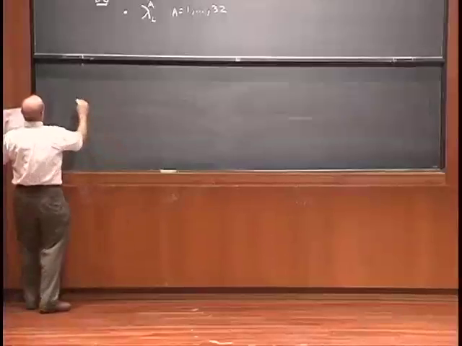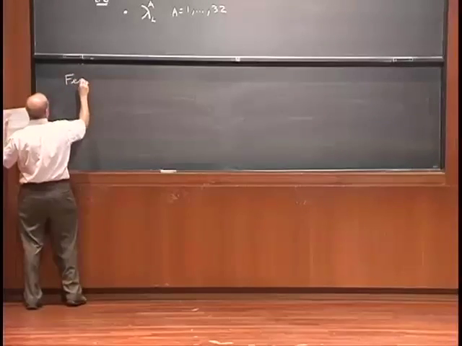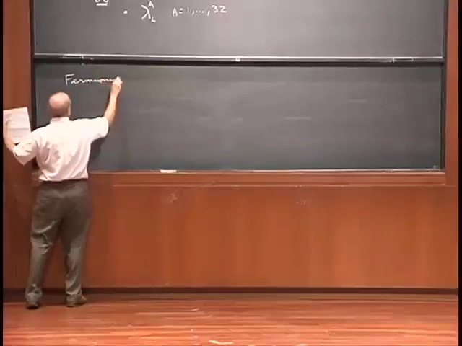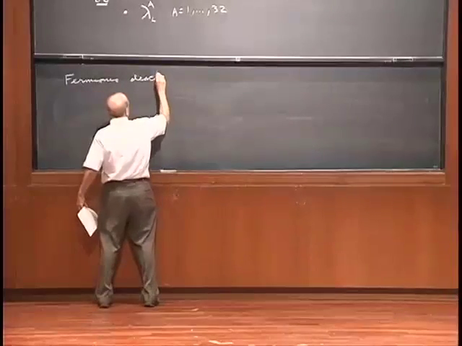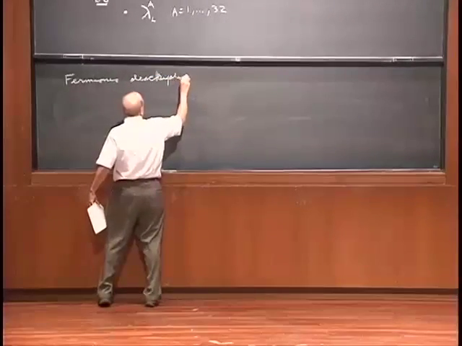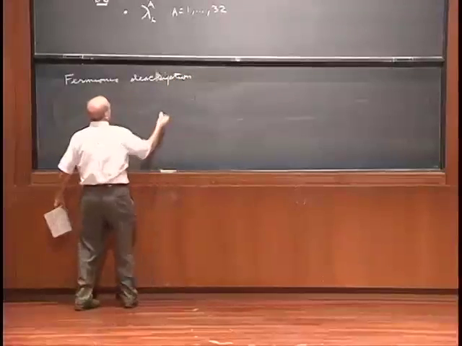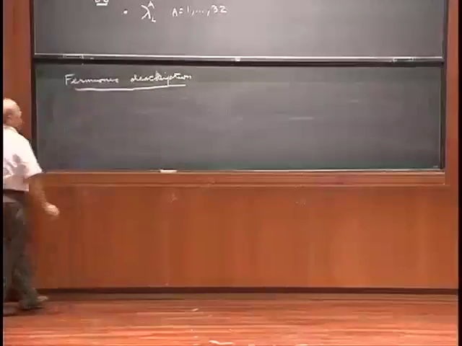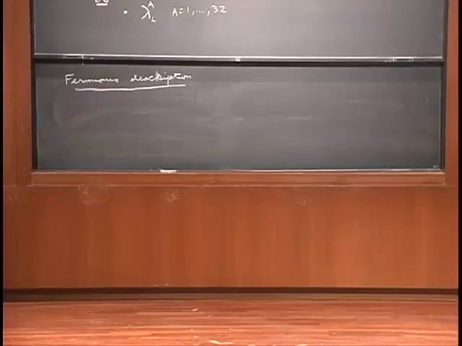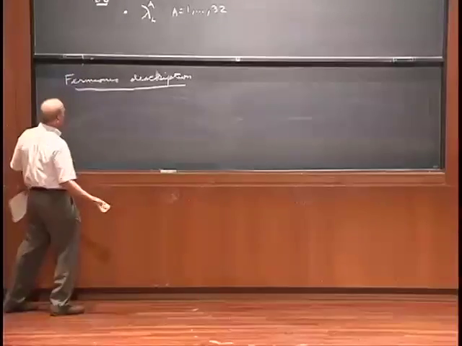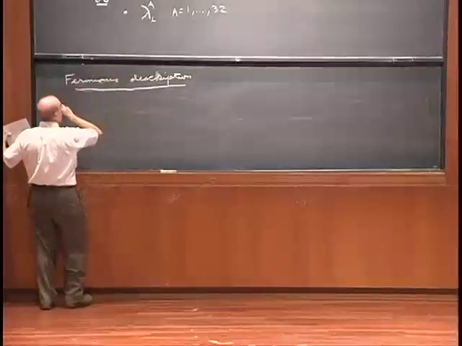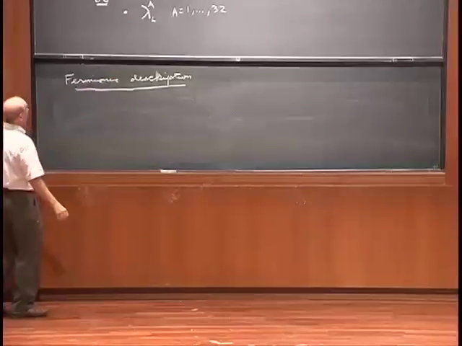So let me start with the fermionic formulation. And in the fermionic description, that means using the lambdas. That's what I mean by the fermionic description. So we have these 32 lambdas.